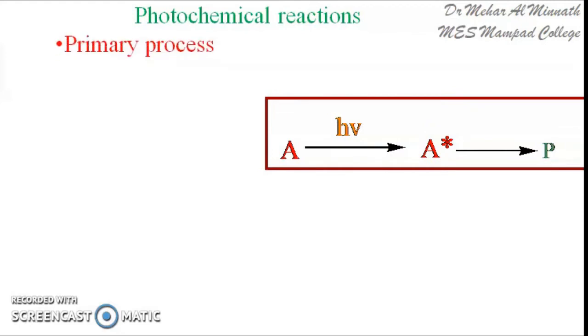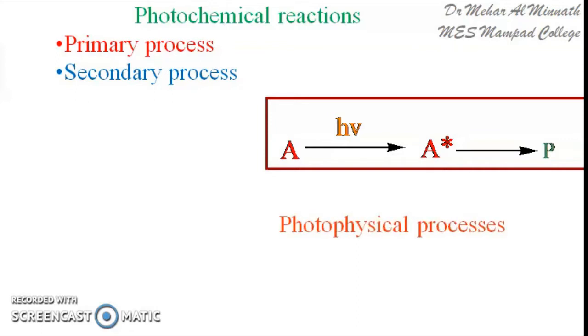The primary process wherein absorption of light happens and the molecule goes into an excited state, and in the secondary process the excited molecule is transformed into the product. In this reaction, it is the first step which needs the light; the second step doesn't require light. We have discussed this in detail in the earlier video.